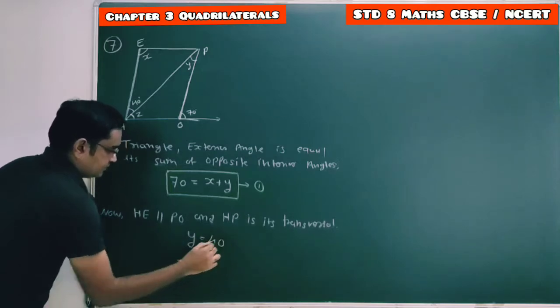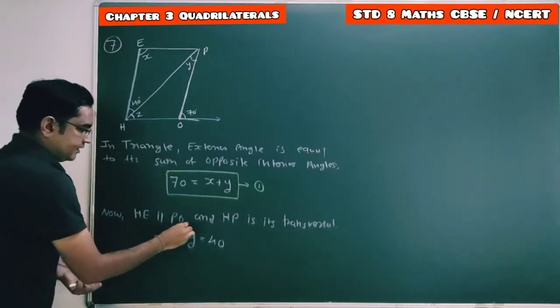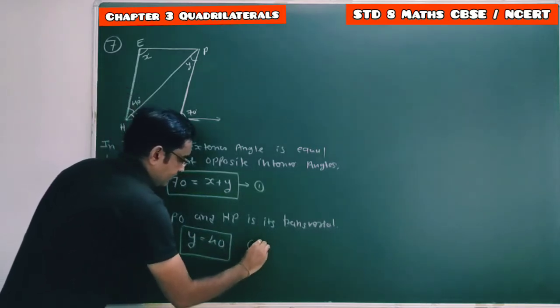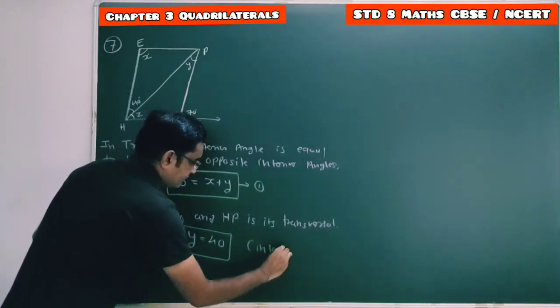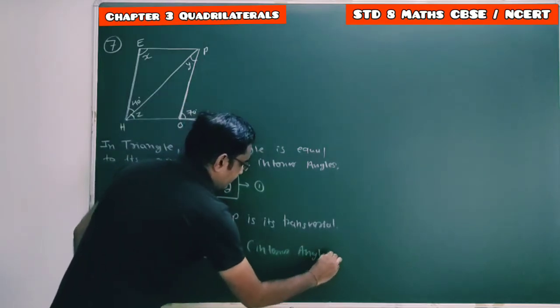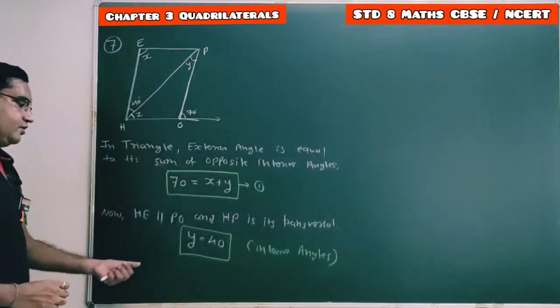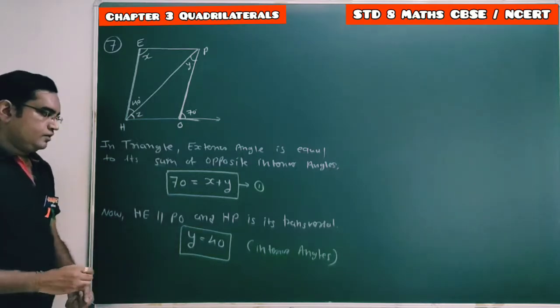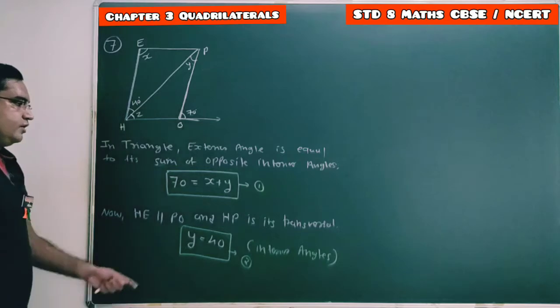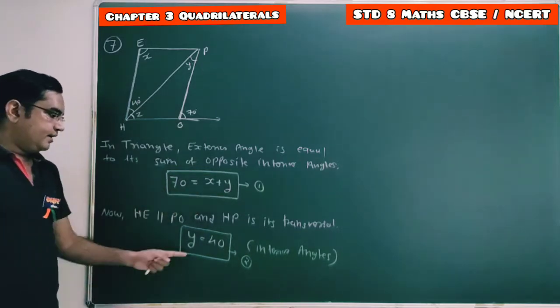So both these angles, Y and this 40, are equal. What reason will come? Interior angles. These are nothing but the alternate interior angles. So Y equals 40. Say this one as result number 2. Done. So here x plus y equals 70 and y is 40.